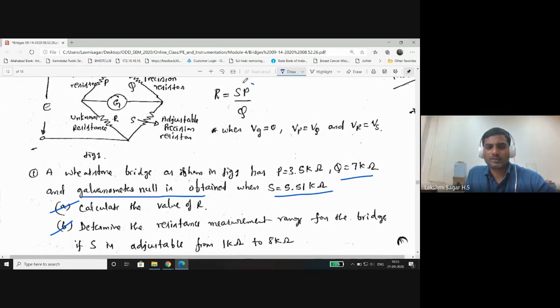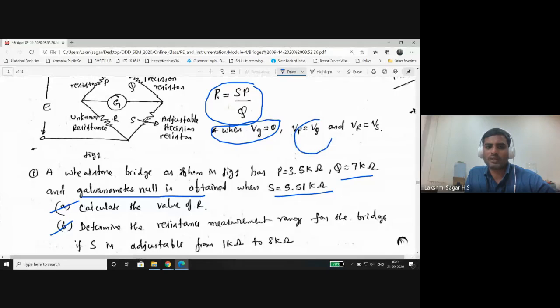So this is the balance equation. R is equal to SP divided by Q. When voltage is equal to 0, you can understand from this question, when the galvanometer null is obtained, when S is equal to 5.51 kilo ohm, then Vp is equal to Vq.